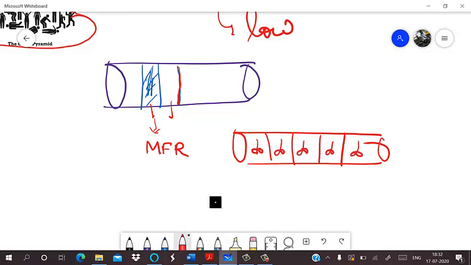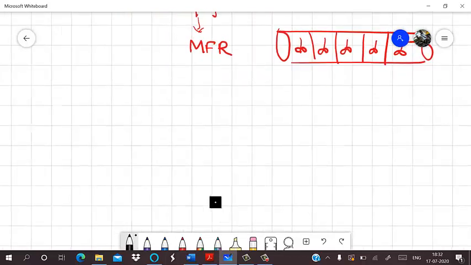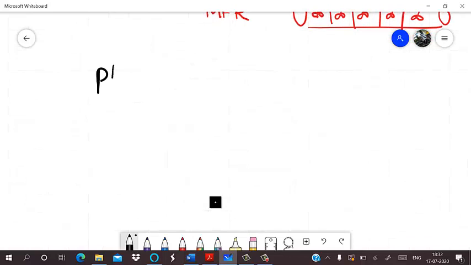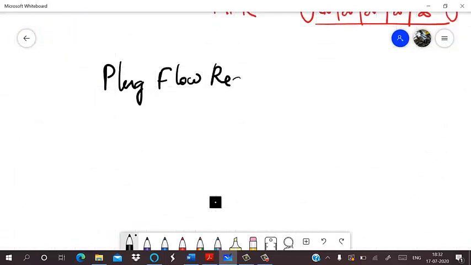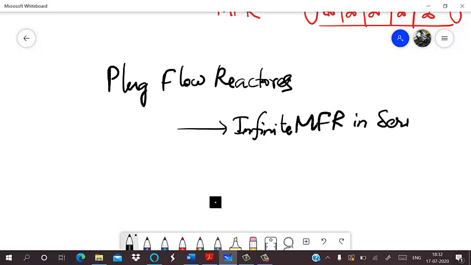That's why you would have heard the statement somewhere before, and I'll write the statement itself just to make it clear: plug flow reactors can be taken as infinite MFRs in series.